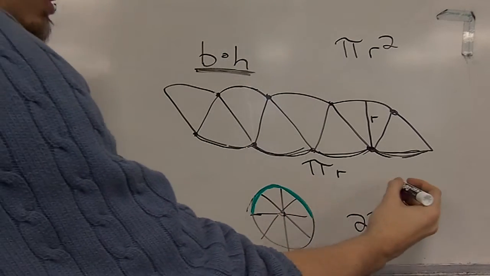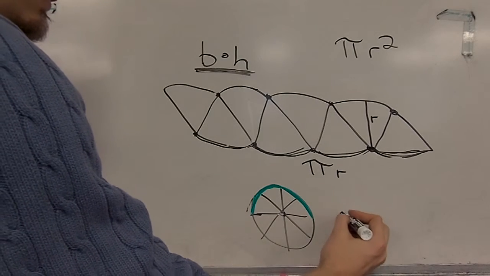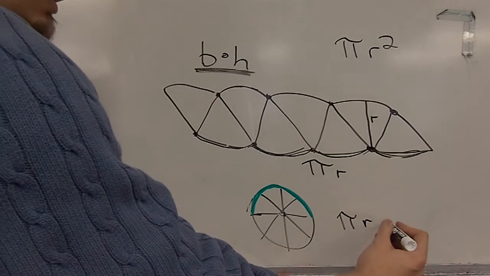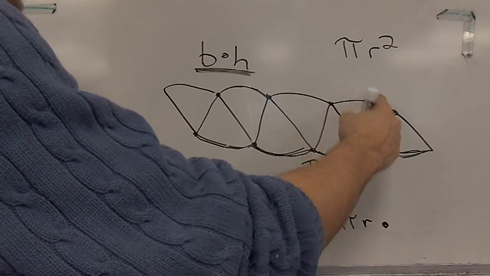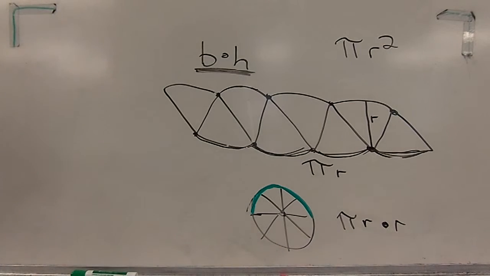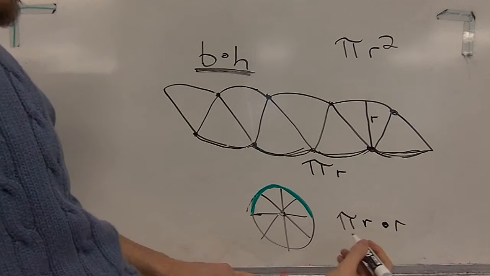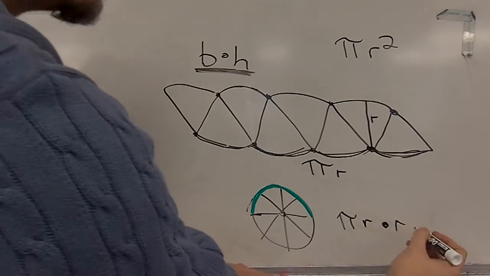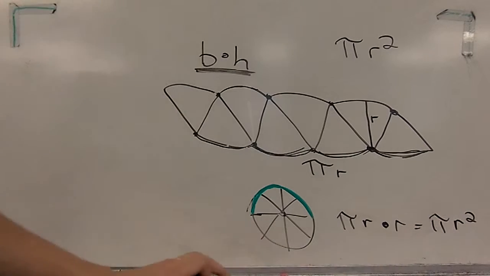Well, my base is pi r. My height is r, or radius. So if I do base times height, or in other words pi r times r, I should get the area formula. Radius times radius is radius squared. So when I multiply pi r times r, then I will get pi r squared.